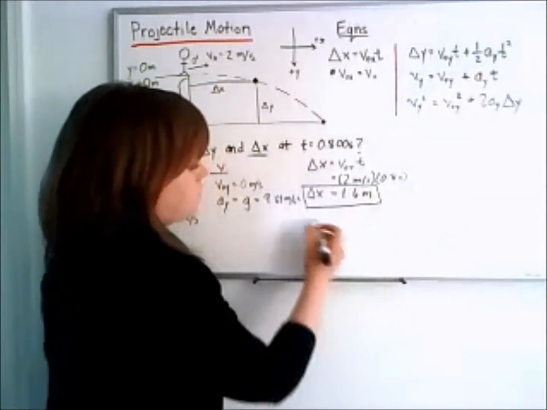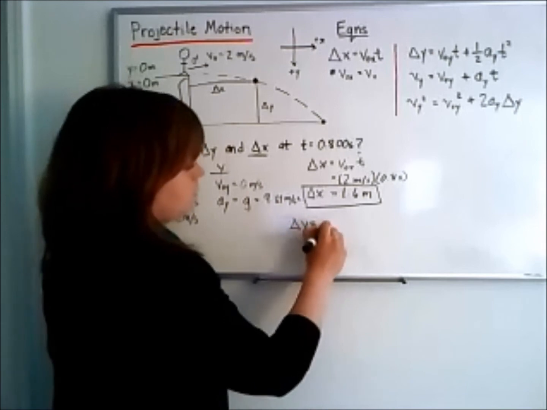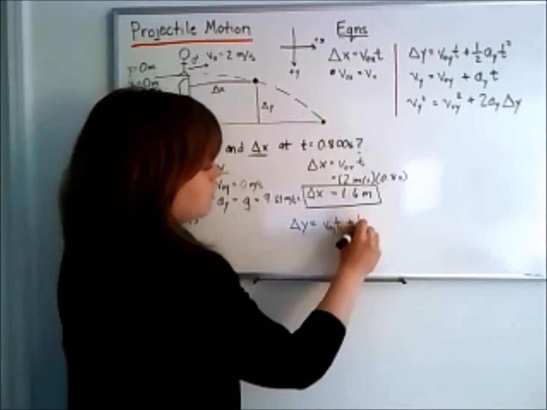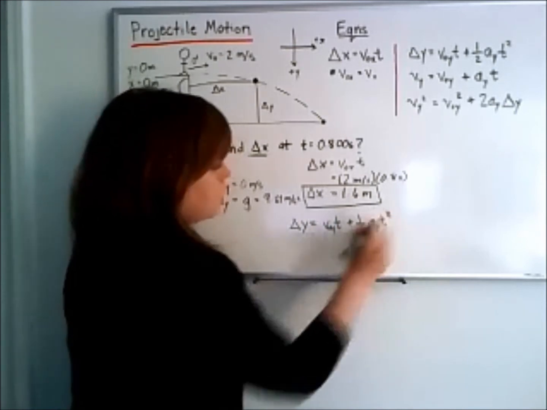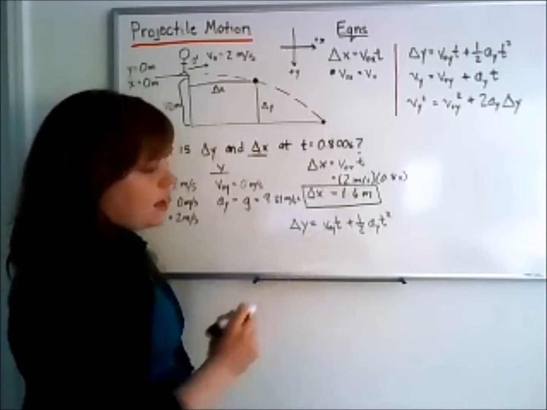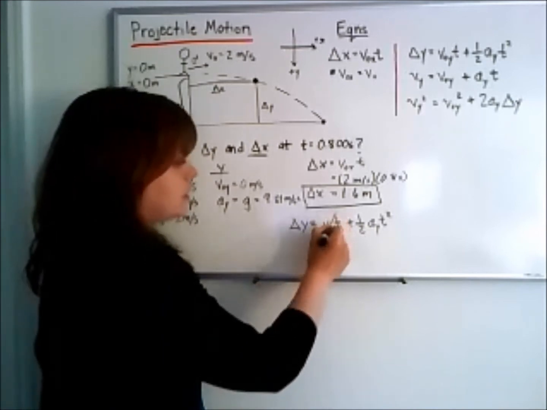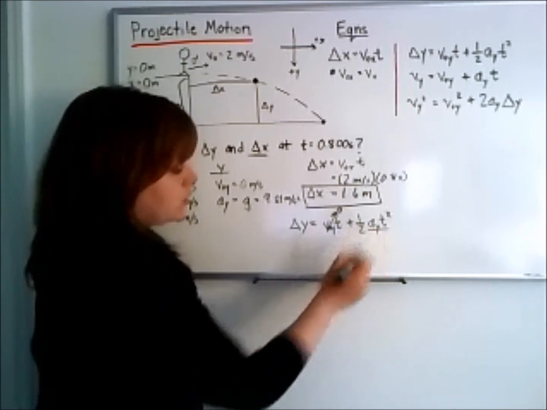Simple enough. And now to find delta y at the same time, we are going to choose this equation here. And again, v naught y, our initial velocity in the y direction, is 0. So we lose that term. So all we're left with is this part.